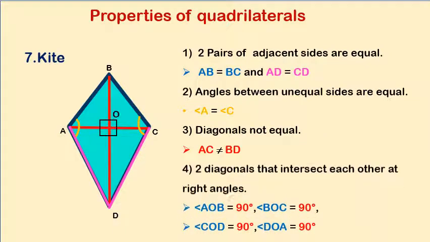But the two diagonals intersect each other at right angles, which means angle AOB equal to 90 degrees, angle BOC equal to 90 degrees, angle COD equal to 90 degrees, and angle DOA also 90 degrees.